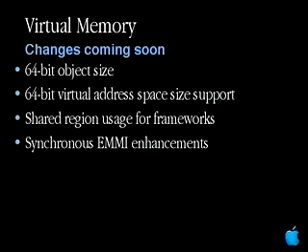Other things coming in virtual memory: if you were in the file system session yesterday, they talked about how the file system part of the system is already enabled for 64-bit files, but that the VM subsystem keeps them from being able to be mapped. And one of the first things we're doing is adding the 64-bit object size support.